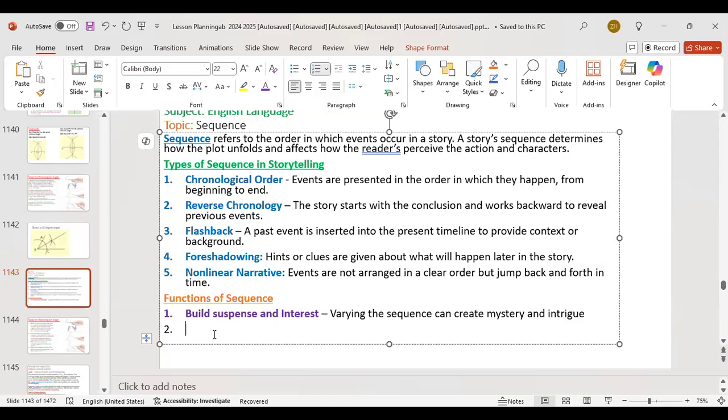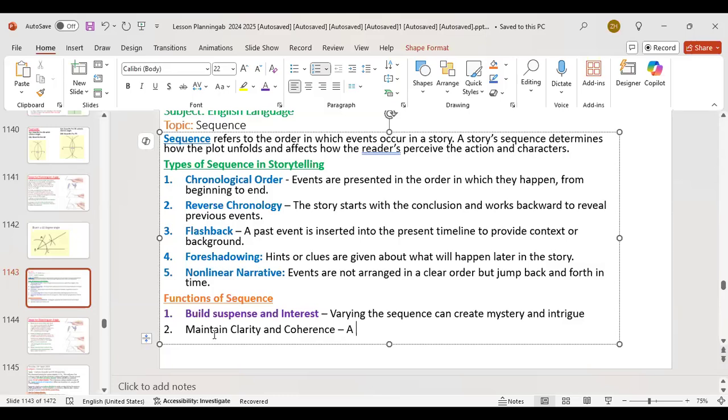So our sequence is there to maintain what? We need to be clear about what we're saying. So maintain clarity and coherence. Make sure we organize.